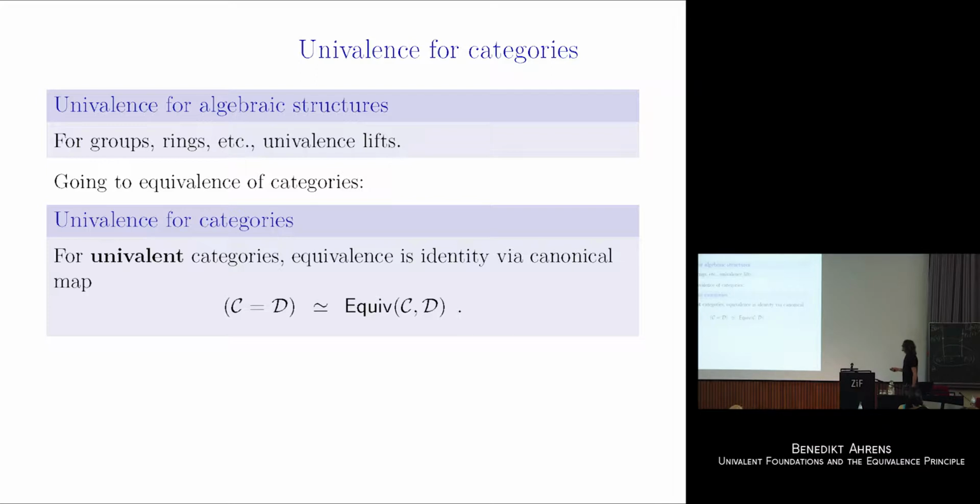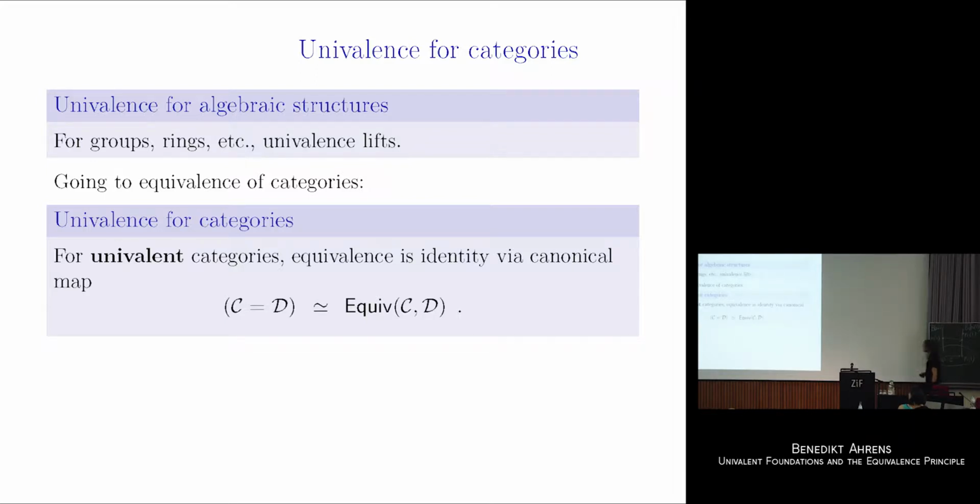For categories, we can again prove an equivalence between identities between categories and equivalences of categories, where here by equiv C D, I mean a categorical equivalence from C to D. But we have to impose certain restrictions on the categories that we consider. So we will consider the notion of univalent category.